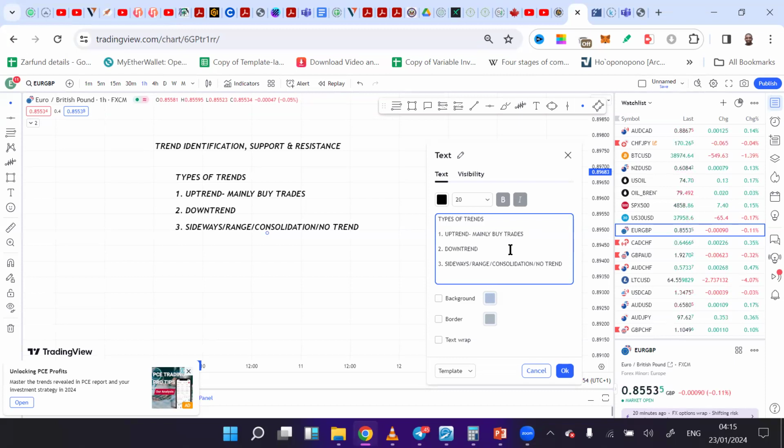Okay? Then in a downtrend, we are looking mainly for sell trades. Now, in a downtrend too, there are usually buy trades. You can find opportunities for buy trades, but those buy trades are usually pullbacks and retracements.